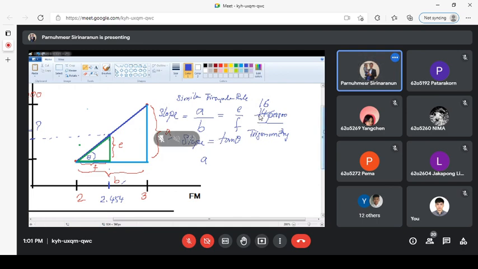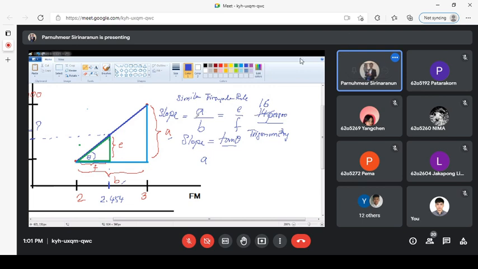Clear or not? Slope is equal to vertical length divided by horizontal length. It's the same as the tan theta concept of trigonometry. It's the same meaning, but it's not the similar triangle technique.